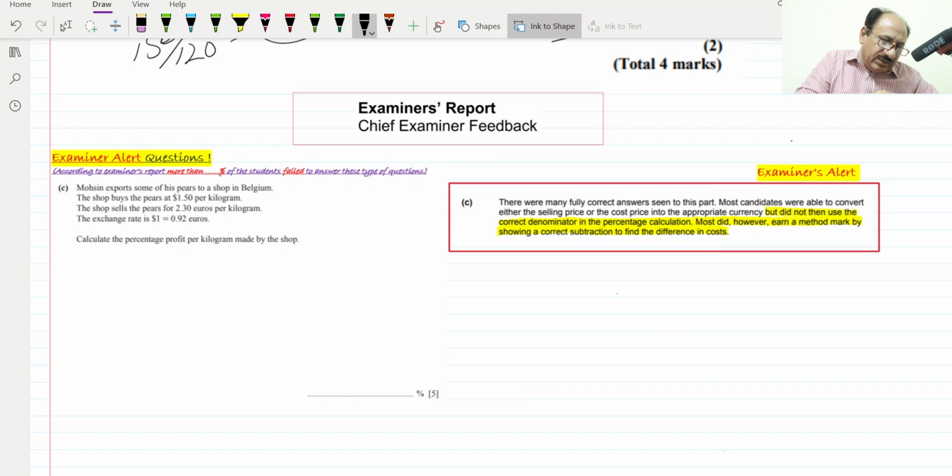The shop buys the pears at $1.50 per kilogram. The shop sells the pears for 2.30 euros per kilogram. So the exchange rate is provided, $1 is equal to 0.92 euros.